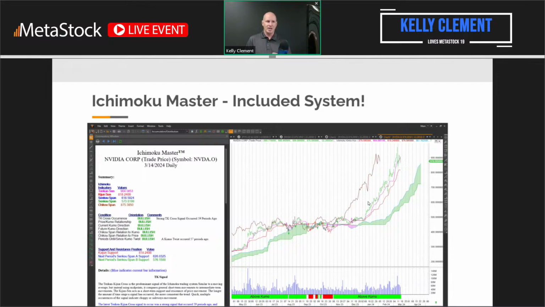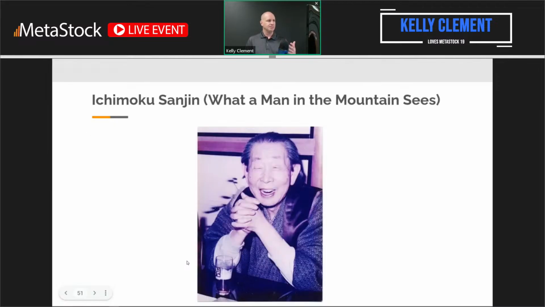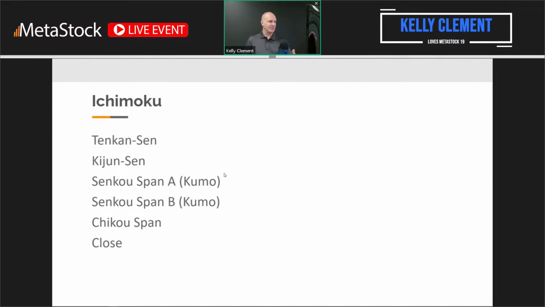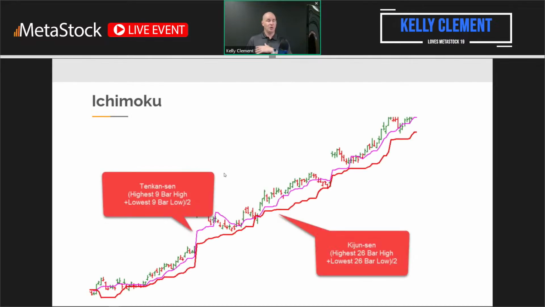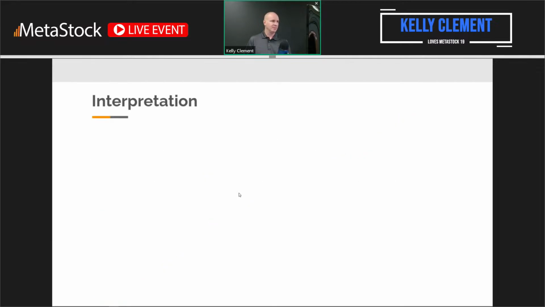But if you trade the Ichimoku, this is a great way to help you understand, or if you don't trade it, it's a great way to understand what the system is doing. It's got a whole checklist around what the Ichimoku indicator is doing, explains what it's reading. This is a fantastic system for the Ichimoku indicator. Again, we're not going to dive deep into this one. We could actually do a whole hour class on this particular system.